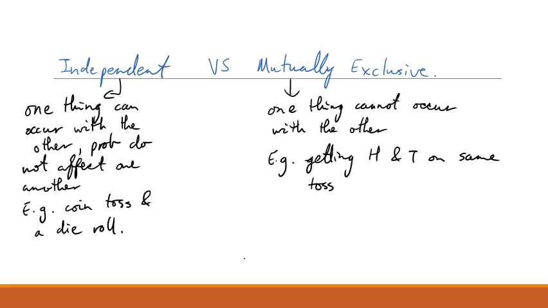You can't possibly get a head and a tail at the same time. You can probably get it landing in the middle between the coin, however unlikely. However, for independent, sometimes you can do both things at the same time. You can have multiple coin tosses, but the probabilities don't affect each other. The mutually exclusive one does, because if you get heads, you can't get tails. So one becomes probable, the other one becomes impossible. Okay? Any questions?